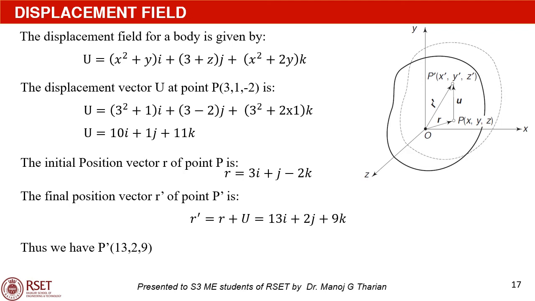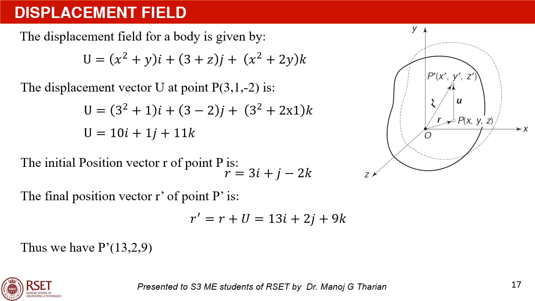This means that point P during the deformation will get displaced by 10 units along the x direction, 1 unit along the y direction, and 11 units along the z direction. The initial position vector r of point P is given by r equal to 3i plus j minus 2k.